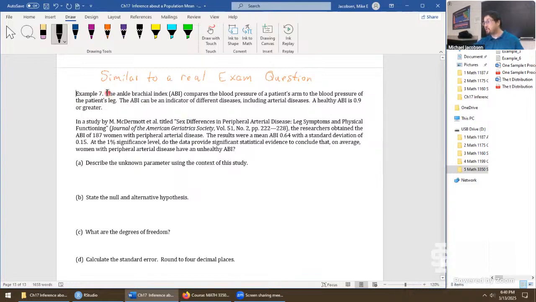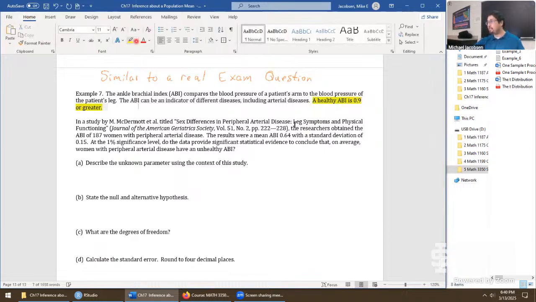The reminder here is we're dealing with a measure of health called the ankle brachial index. We're looking at the blood pressure in your arm compared to the blood pressure in your leg, presumably near the ankle. And the difference between those can be illuminating to what's going on with your health. It says a healthy ABI is 0.9 or greater.